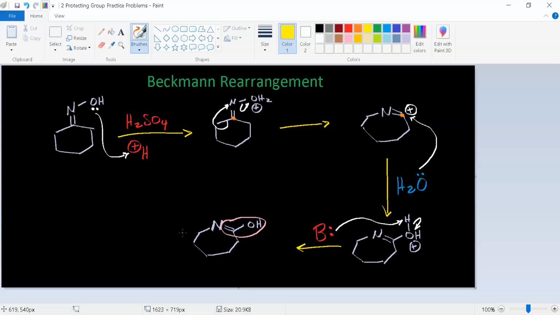So let's just perform a tautomerization. Then we can get up to our final product, which would be, so tautomerization, do that in green, our final amide. Need that H there, just like that. So we have a 7-member ring, and in that ring we have an amide.